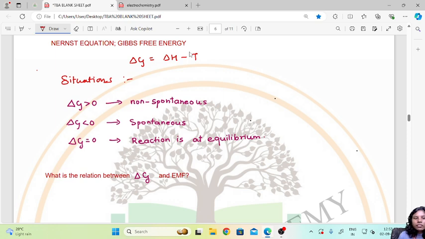First one is, if delta G is greater than 0, we say that it is a non-spontaneous reaction, correct? If delta G is less than 0, we say that it is a spontaneous reaction. And these non-spontaneous and spontaneous reactions we have learned in the starting part of the first video of this chapter itself. And if delta G equals 0, then we say that the reaction is at equilibrium.